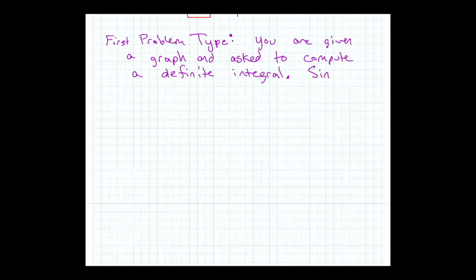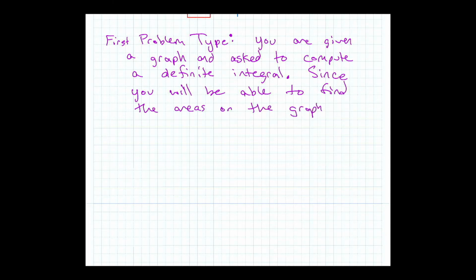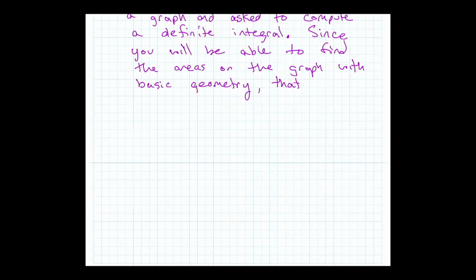Since the definite integral is an area, since you will be able to find the areas on the graph using basic geometry formulas, that is the easiest and, in fact, only way for us to do these problems at this point.